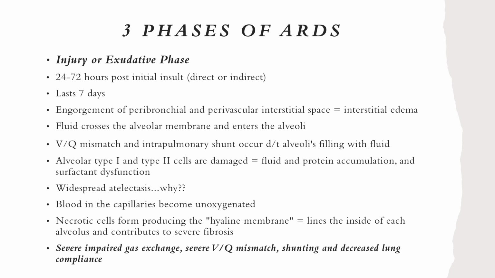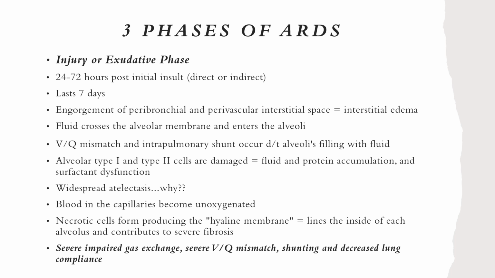So once that happens, do you think we're going to have good gas exchange? Not at all. So we're going to have a VQ mismatch, right? So our perfusion is going to be off, and most likely our ventilation is going to be off as well. Our alveoli are filling with fluid, and that blood flow through our alveoli is not going to catch up, and it's not going to gain on that gas exchange.